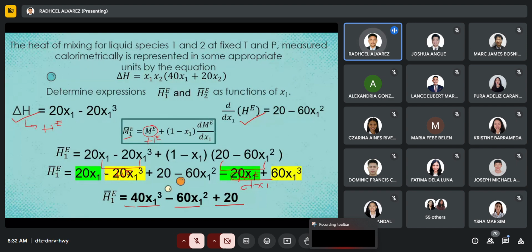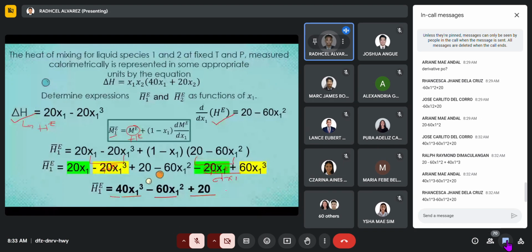So, meron tayong 20x1 minus 20x1. So, 0 na ito. So, ang natira naman ay 60x1 cube minus 20x1 cube. Kaya naging 40x1 cube. And then, copy lang natin yung negative 60x1 squared and then plus 20. And by this, nakuha na natin ang ating partial property of enthalpy 1.